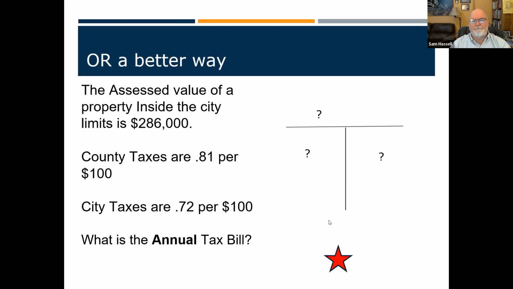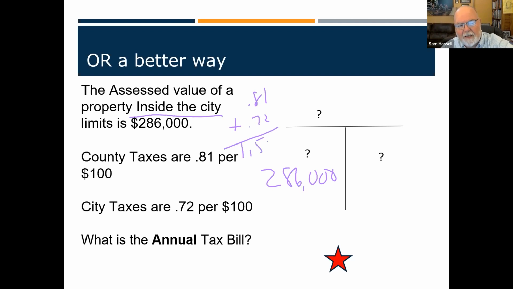All right, so if we do this the way it looks here, if our assessed value of the property is $286,000, and I am inside the city, so I have 0.81 plus 0.72, that's going to be 1.53.